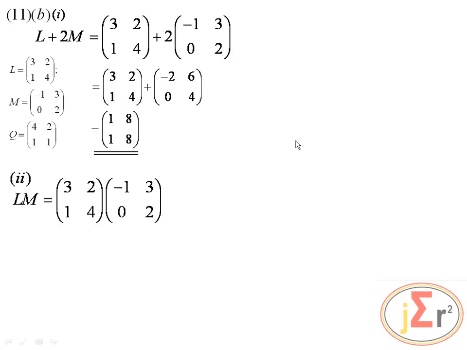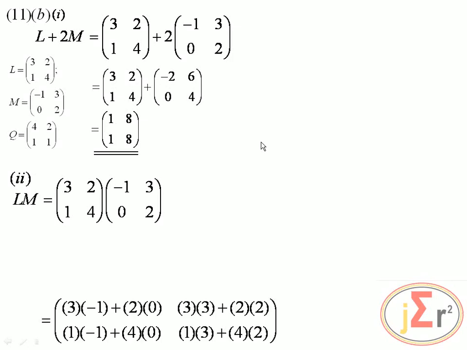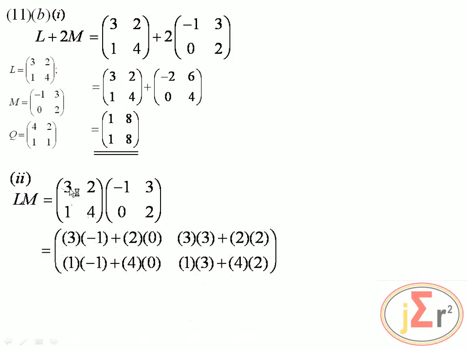The product is a little bit more sophisticated. We need to find the product of those 2 matrices. So we go row by column, row by column, and row by column. So we say 3 times negative 1 plus 2 times 0. The upper with the left, the answer goes to the upper left.